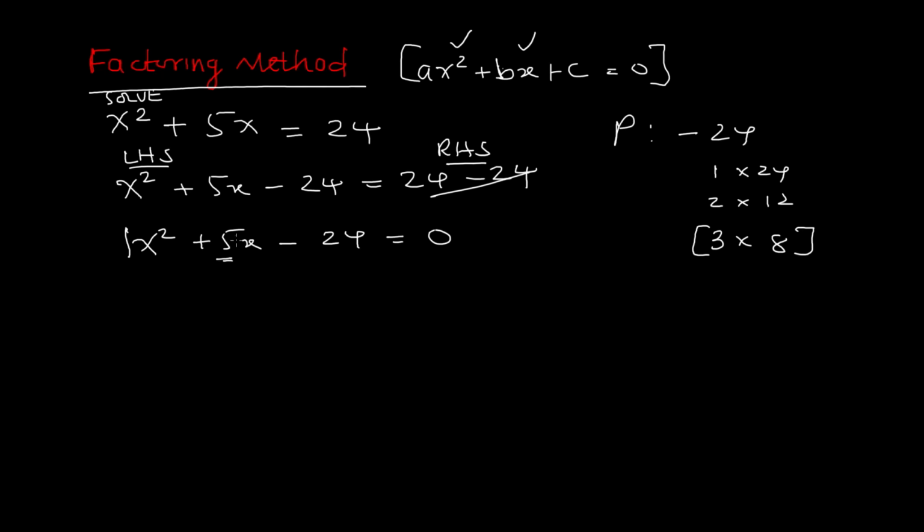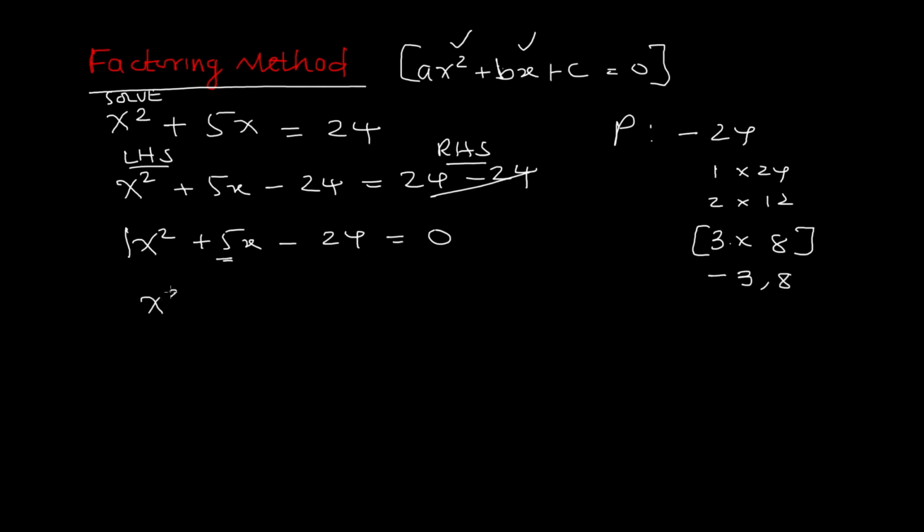So now what signs do I use? Obviously it's negative, so one has to be positive and one has to be negative. So here I need to see how I set this up so that I can get a positive 5 if I were to add them. Okay, so this is what will work.